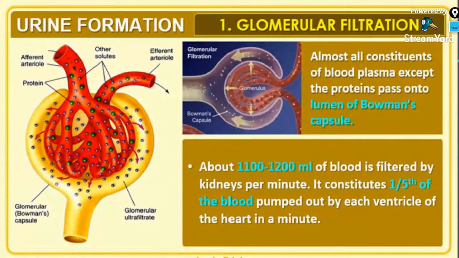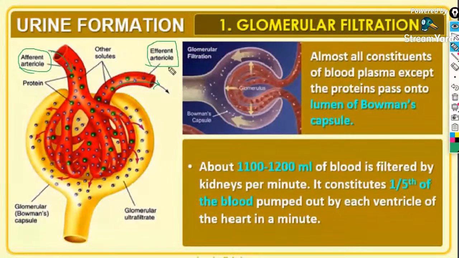Okay guys, have a look at this diagram, everybody. This is the afferent arteriole which is entering into the Bowman's capsule, and this is the efferent arteriole which is leaving the Bowman's capsule. After the blood passes into the glomerulus, the necessary materials are passed on except the plasma proteins.